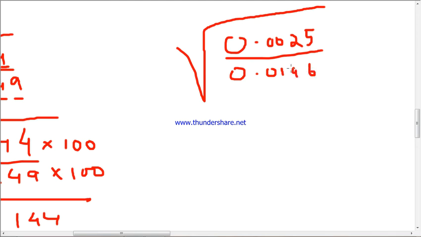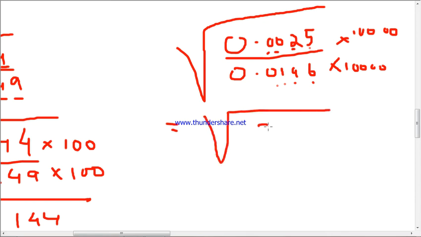Now again you check how many places of decimals are there. 1 2 3 4, 1 2 3 4. So 4 places of decimal, multiplied by 10000, and then you will be left with 25 divided by 196.